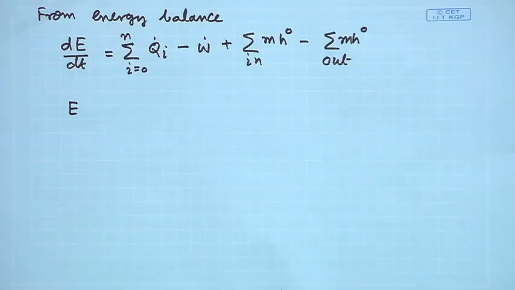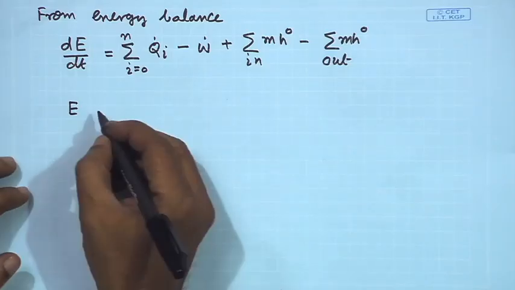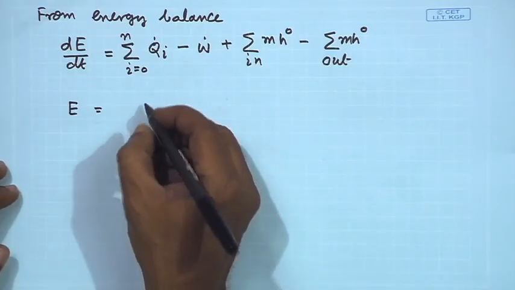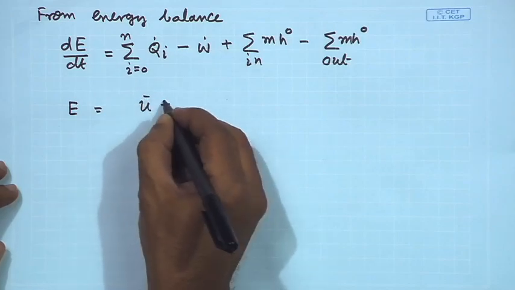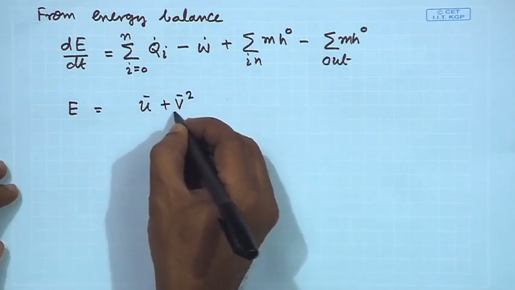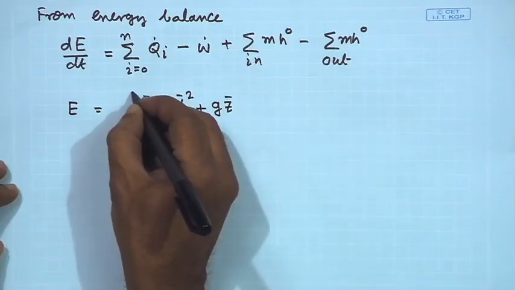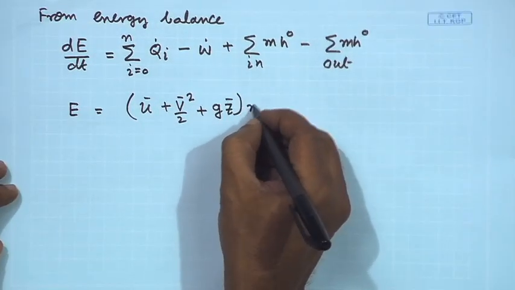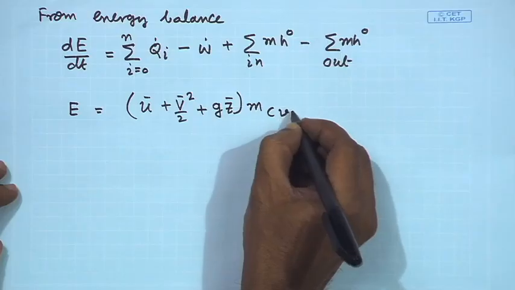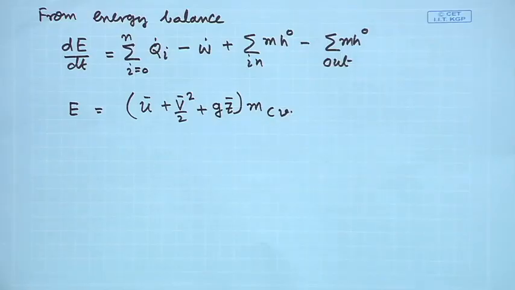E is equal to u plus v square by 2 plus g z, into the mass of the control volume. So, this is our E, that is the energy storage term within the control volume.